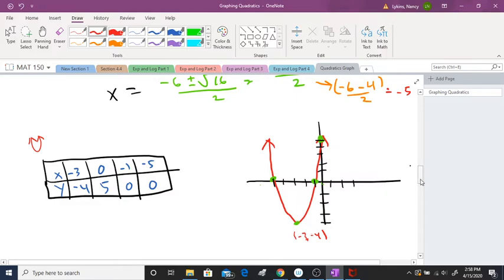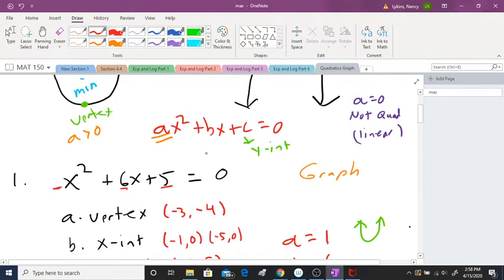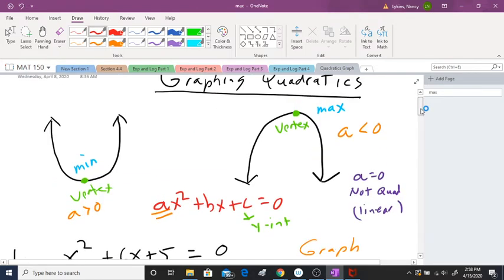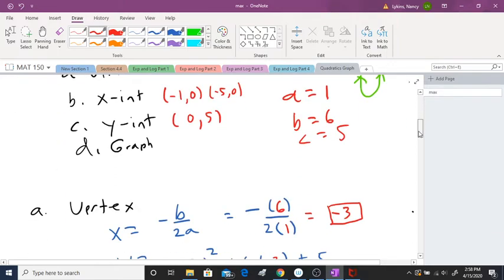A couple key things, let me go back to here real quick. If the a is positive, or greater than 0, it's an upward U and it's got a minimum value for the vertex. And if it is negative, or less than 0, it's going downward with a maximum vertex.